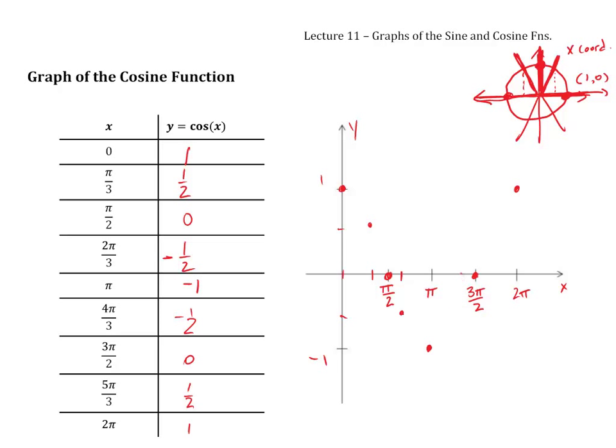This comes back up, which is very close to 3 pi over 2, and close to 3 pi over 2, I'm also up halfway. So what you end up with is this wave that looks like this. It's very similar to the sine function, only it starts in a different place. It goes down and comes back up.